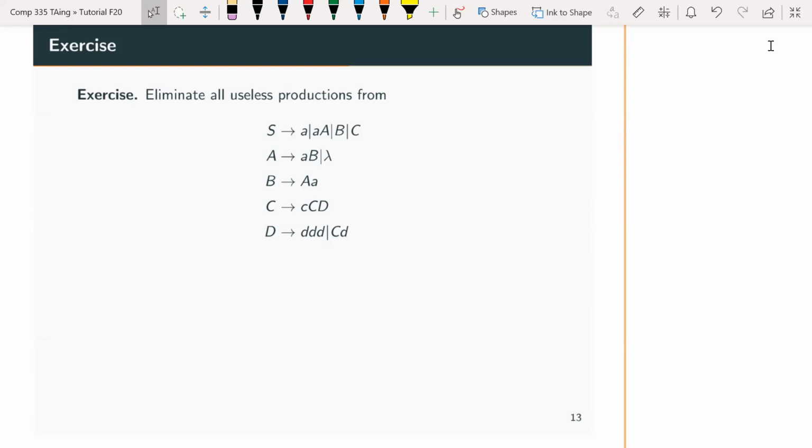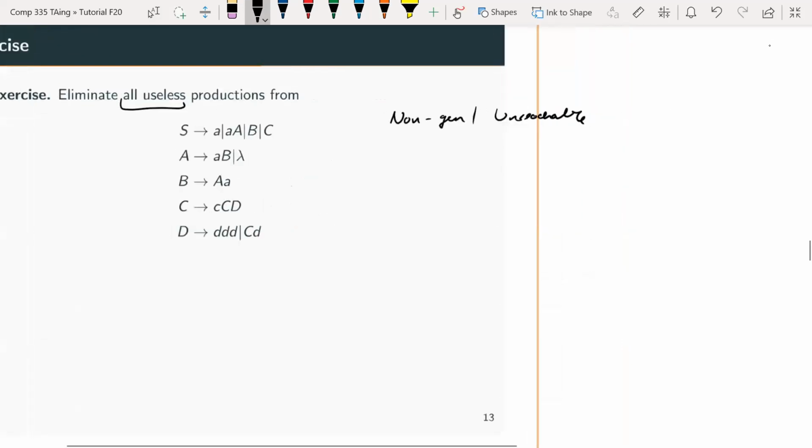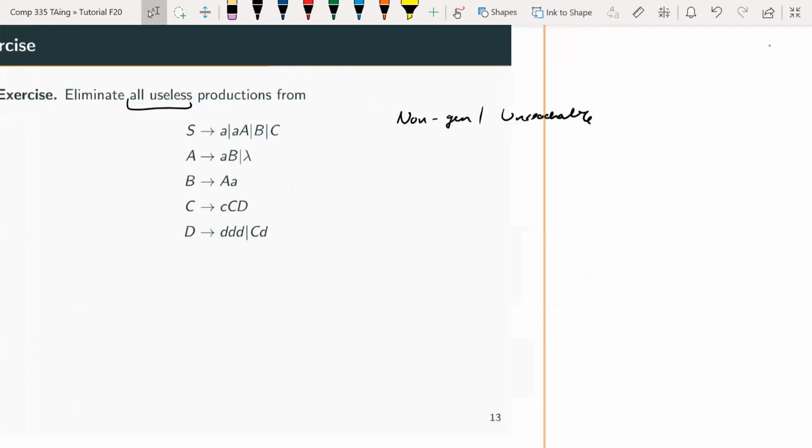So I have an exercise here where I want to eliminate all my useless productions. Again, a reminder, what's a useless variable? Well, it's either going to be non-generating or it's going to be unreachable, right? So what are the unreachable variables? Well, let's look at our nice graph here. S can reach A, B, and C, right?